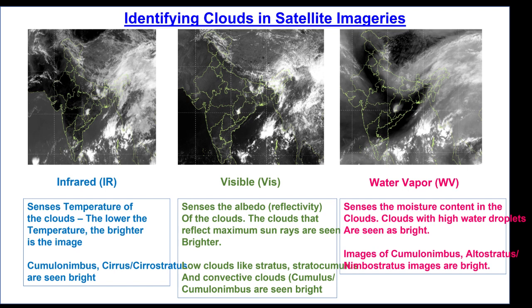So again, the cumulonimbus clouds in the water vapor picture are also seen as bright spots, and the other bright clouds are nimbostratus or altostratus. Those medium clouds which don't have an adequate amount of moisture will be seen as grayish. The medium clouds in all the three pictures are generally seen grayish.